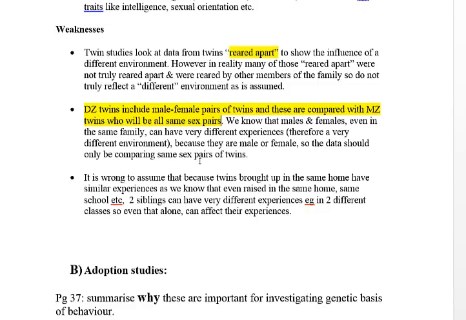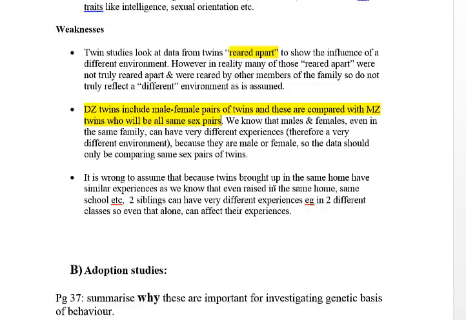So you've got massive confounding variables in there. You're not just saying these are twins versus twins, and it's just their genes that are different. Actually, there's a whole load of stuff that comes with being a male or female. Very different experiences. So actually, there's more to it than that, and sometimes the data doesn't reflect that. It doesn't make that clear.